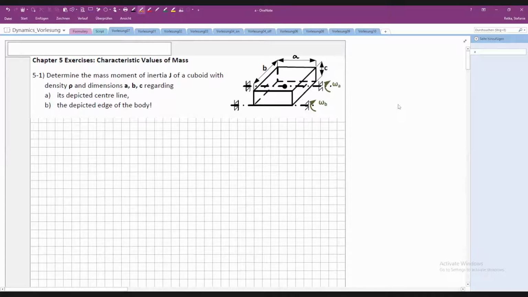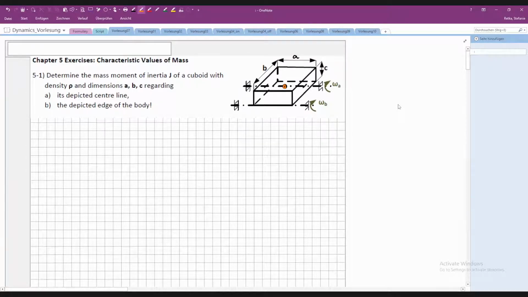First of all, we have to decide which are our main axes of the system. The center of the main axes is in the center of gravity of our object, which is the star right here.